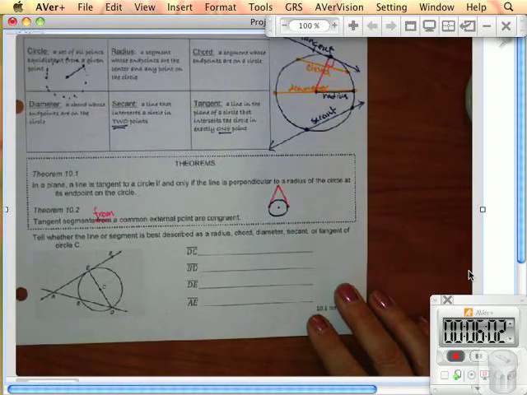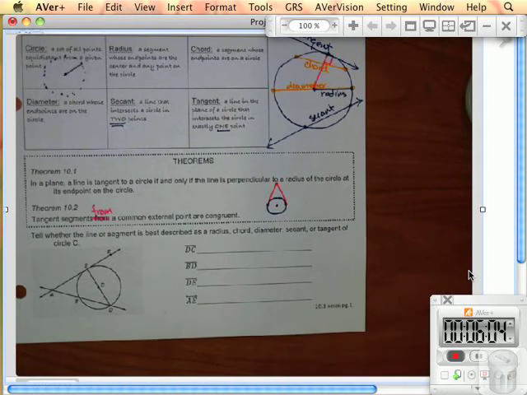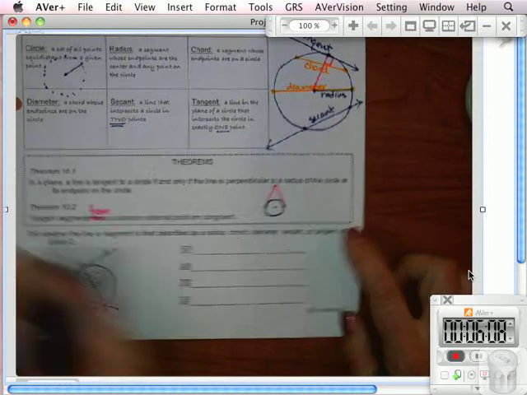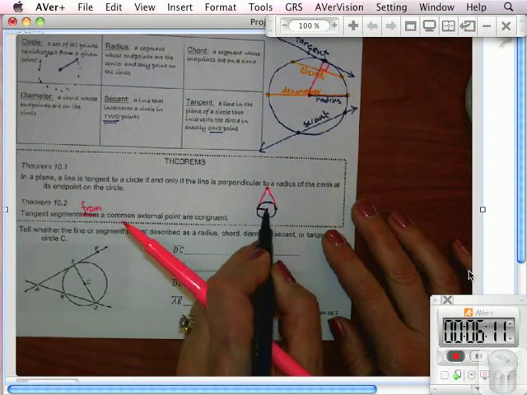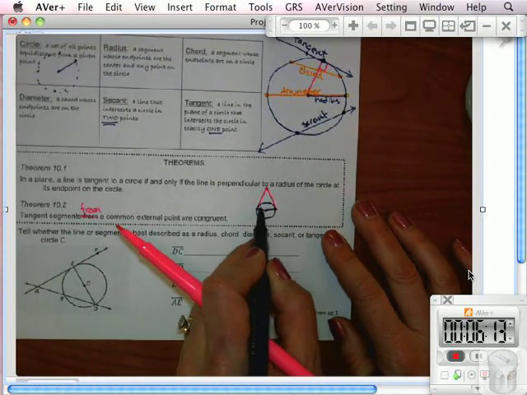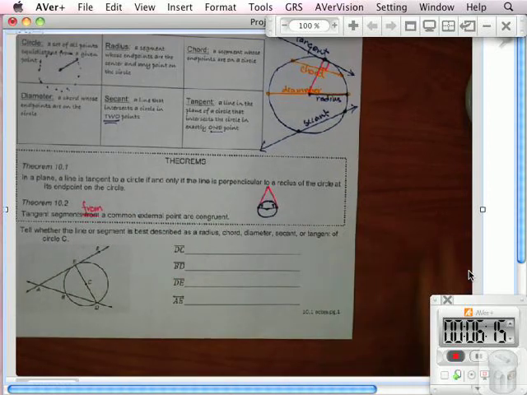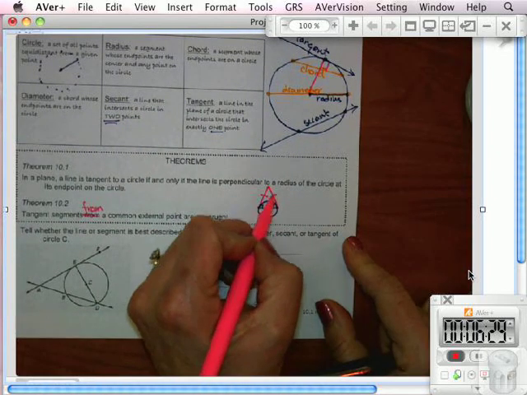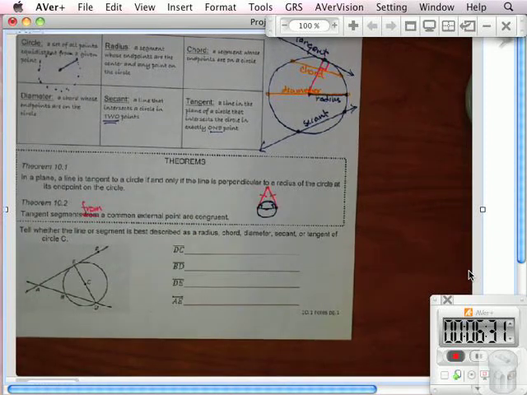So those both hit that circle in one spot. Oh, it's like a bird. Sideways. We know that these lines are perpendicular, okay? We also know, according to this theorem, that those segments are going to be what? Congruent. If they come from the same point outside of the circle, and they are both tangent to that circle, they are congruent to each other. So that's what we're going to kind of work with today.